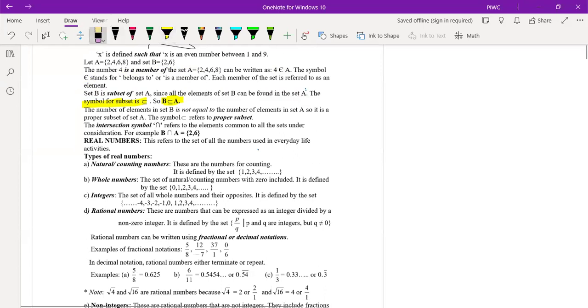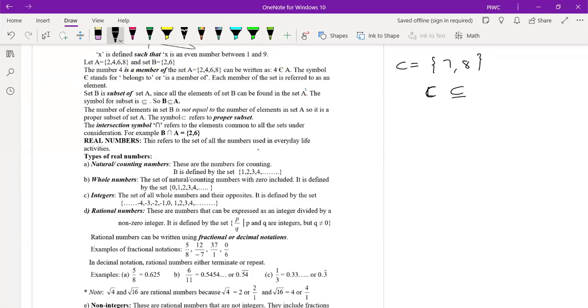Now, we can also have a situation where the set is not a subset of any given set. So let's say that if I take another set C and define this as 7, 8, we can say that the set C is not a subset.